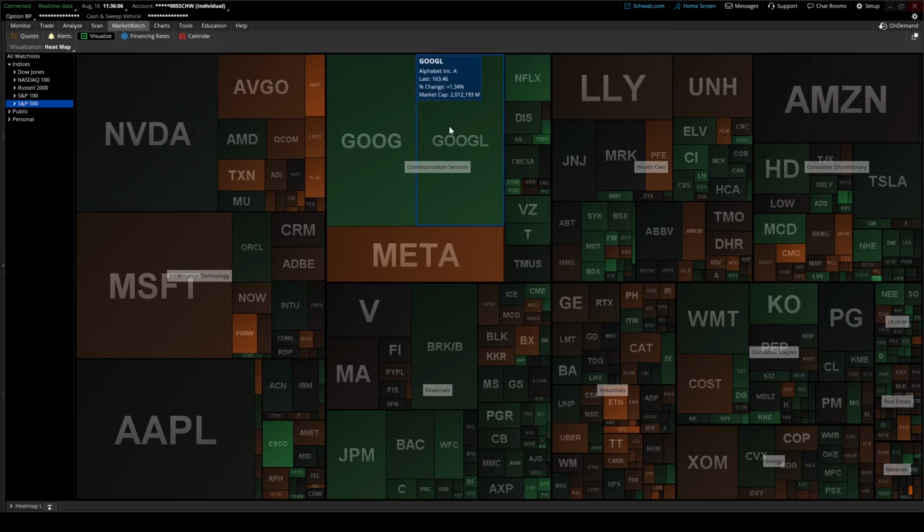Pretty much what this is showing is every single stock within whatever ETF or index you're looking at. So here we have the S&P 500. On the left hand side, that's going to be the name, and then here we have a list of every single individual ticker as well as the sector that it's correlated to.